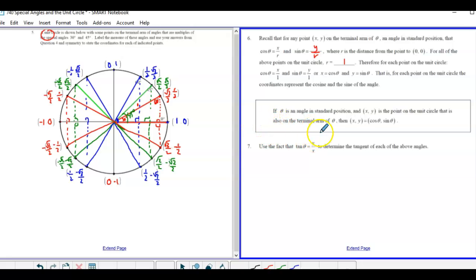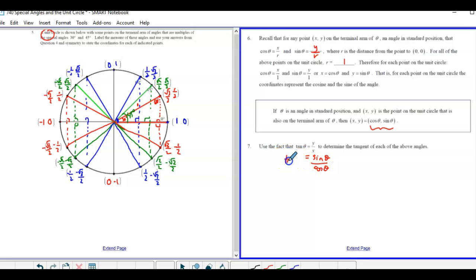So if theta is an angle in standard position and (x, y) is a point on the unit circle that is also on the terminal arm of theta, then there are your coordinates. That makes life pretty easy. So now for tan, it is y/x. Here tan theta, y/x, is equal to sine theta over cosine theta.